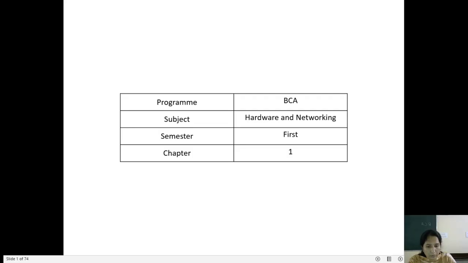This is the objective of this chapter, where you will understand about introduction, history of computer, block diagram of computer, generation of computer, classification of computer, as well as characteristic, application, human interface with a computer. And along with that you also get a brief introduction about types of software, operating system user interface, utility programs, as well as number system.